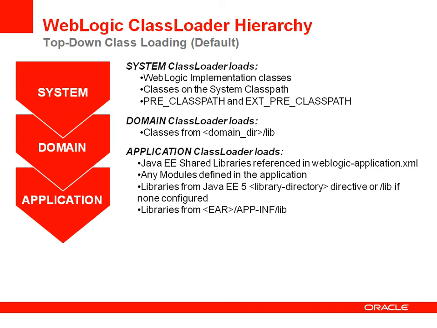WebLogic Server automatically creates a hierarchy of class loaders when the application is deployed. The root class loader in this hierarchy is the application class loader, and it loads modules defined in the application, including EJBs, as well as Java EE shared libraries and libraries included on the configured library directory path for the application.